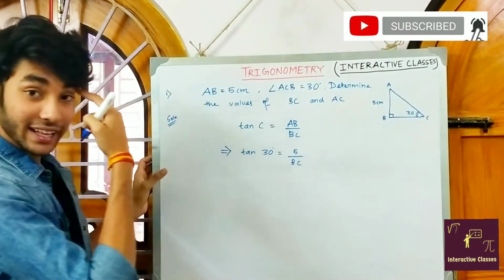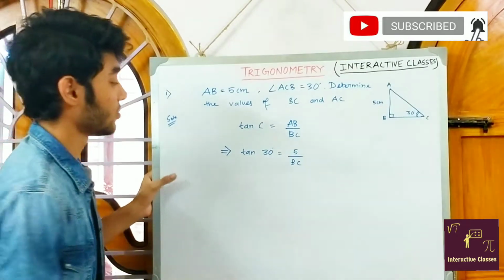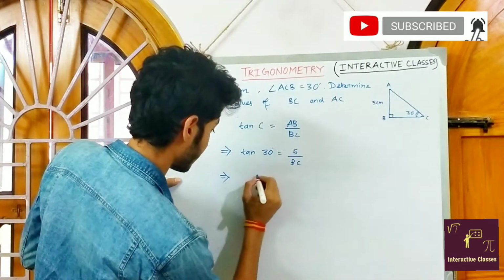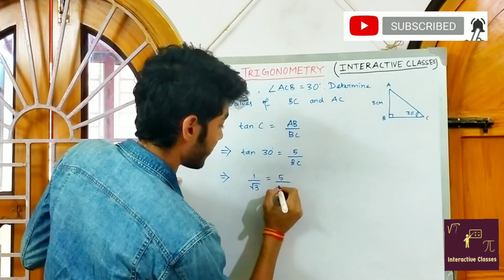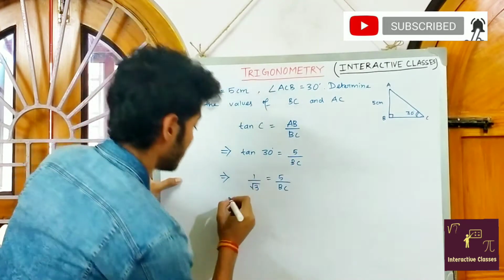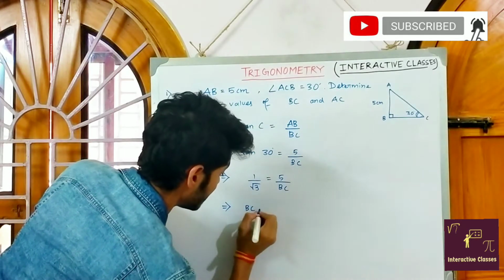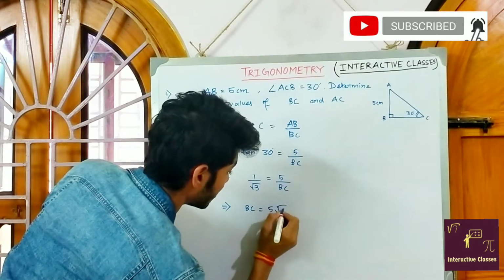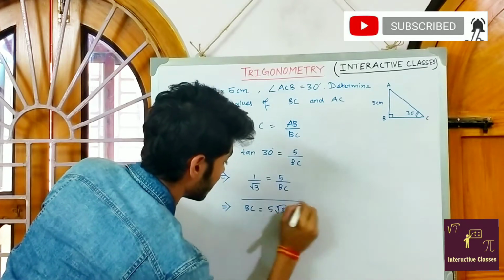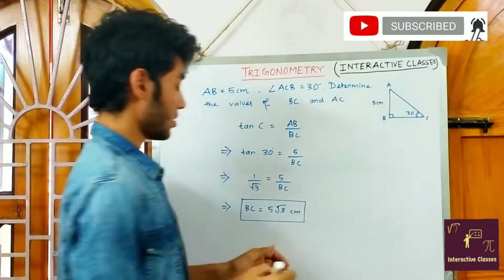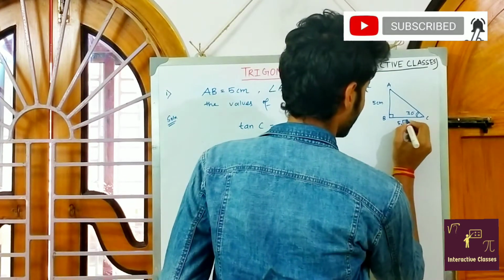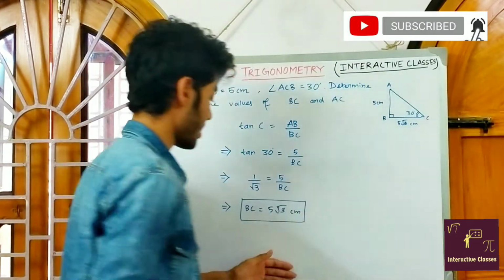The value of tan 30, as I have told in earlier videos, is 1 by root 3, equals 5 by BC. So by this we can find BC equals 5 root 3 centimeter.